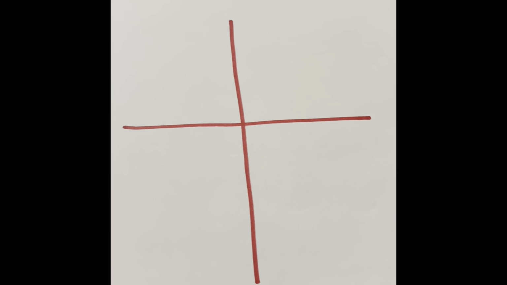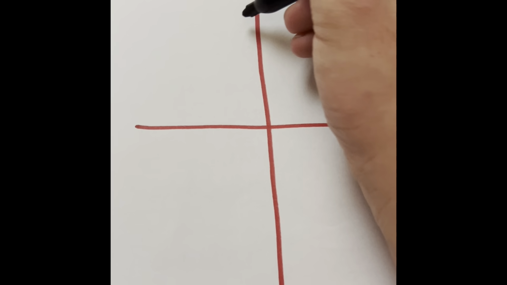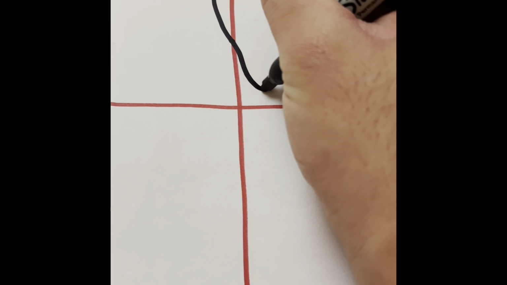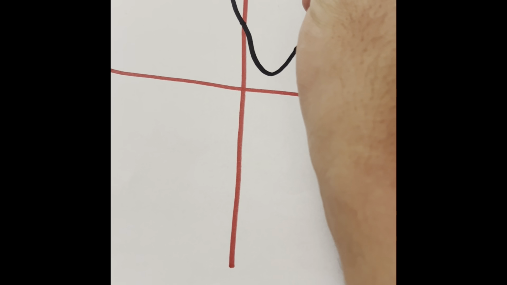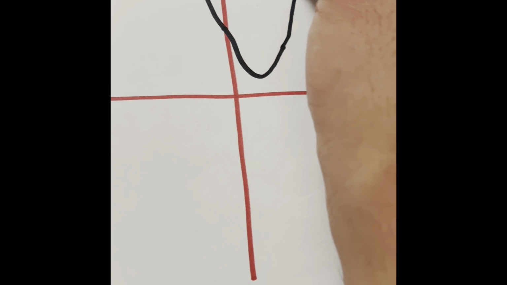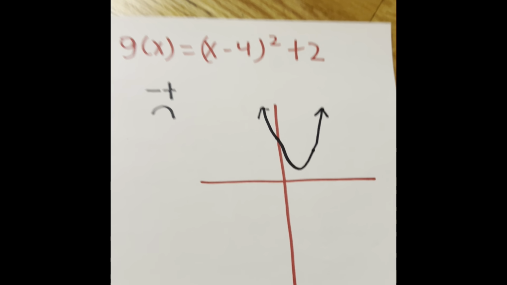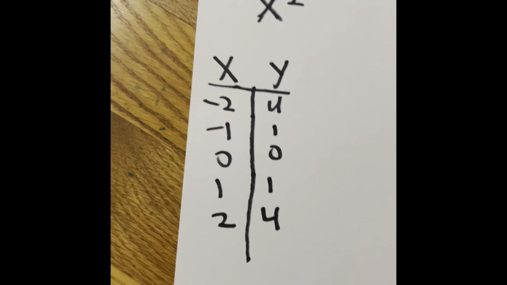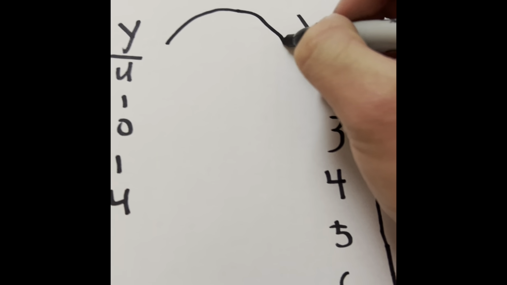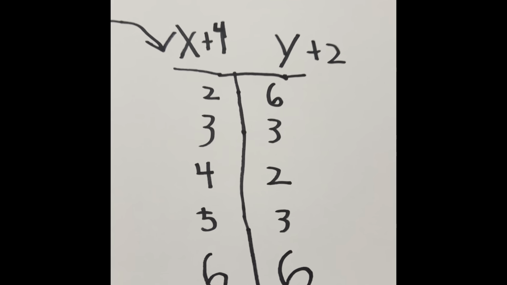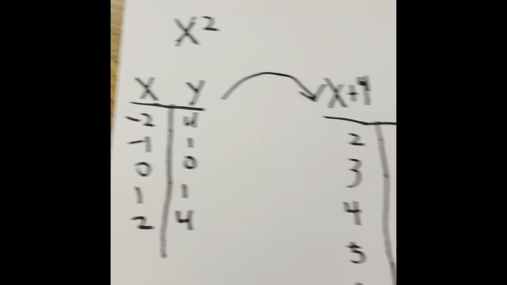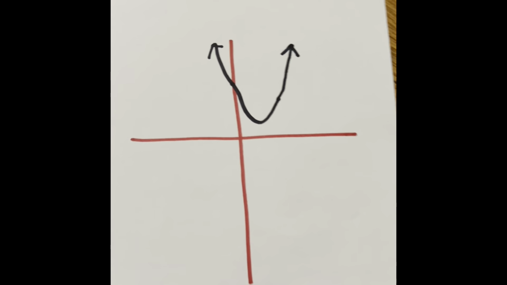So it looks like the graph makes it want to look like this. I know it's not the perfect one on a piece of paper, but it's to the best of my ability. So that's what the parabola will look like when we try to move from this all the way to this. When we transfer all that data from here to here, and that's what we get right here.